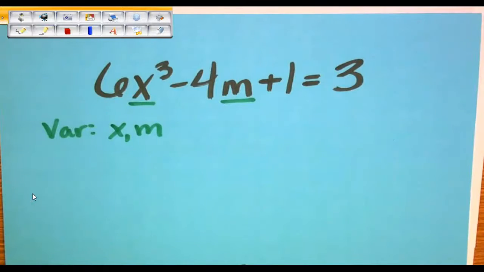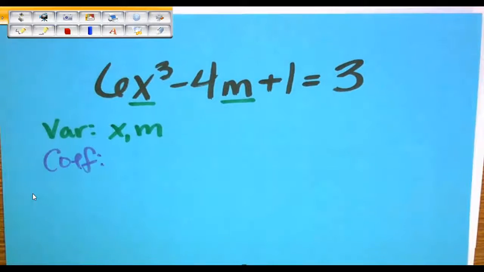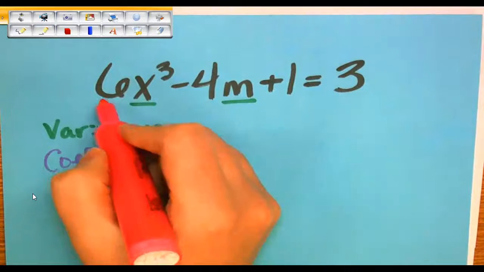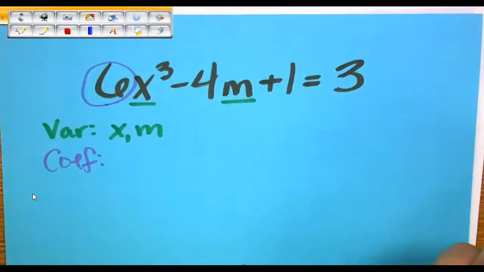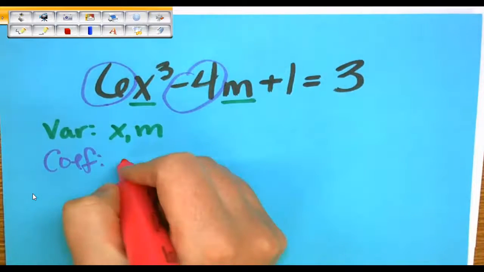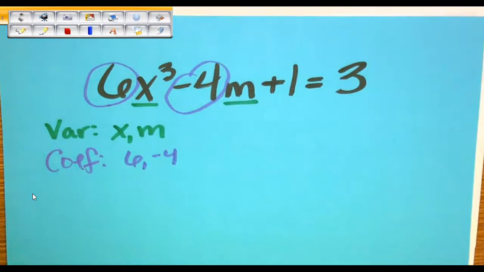The next one we are going to do is the coefficients. So the coefficients are the numbers that are in front of our variables. So that would be 6 and -4. I don't have any other variables, so I know that those are my two coefficients.